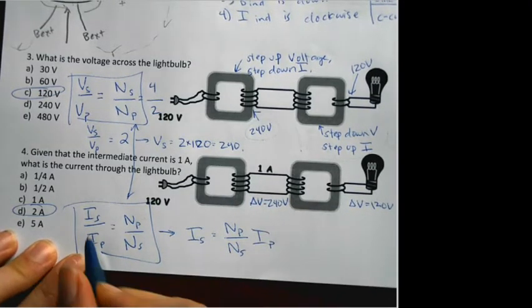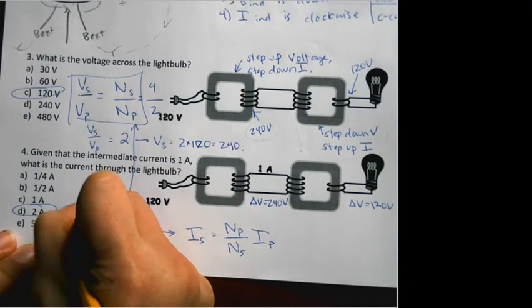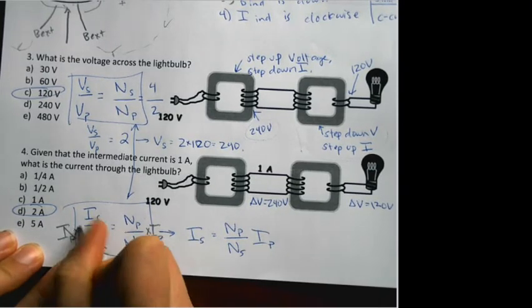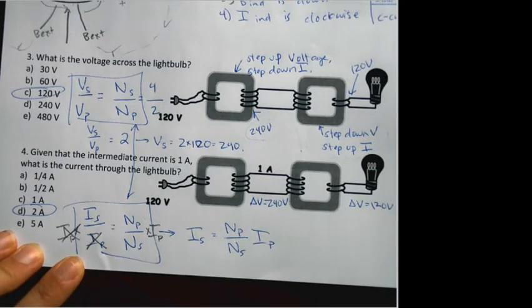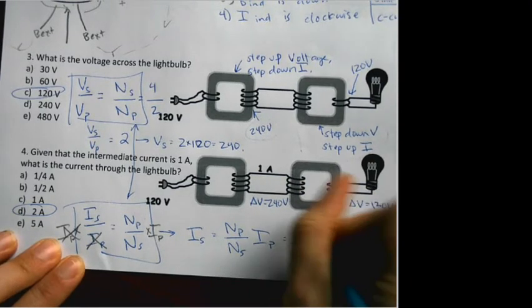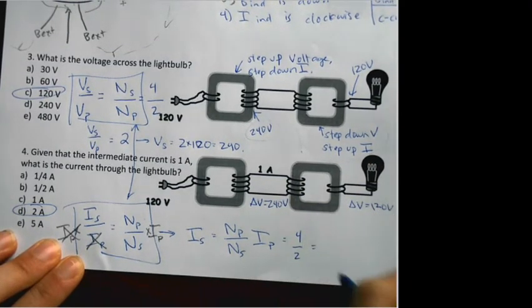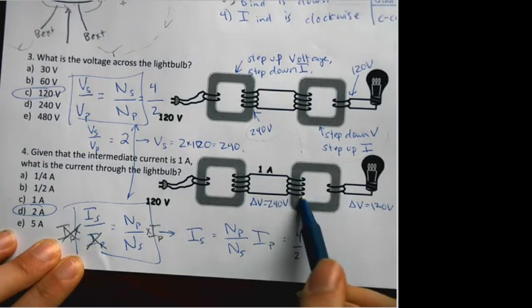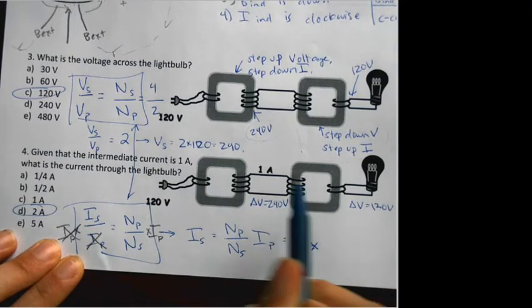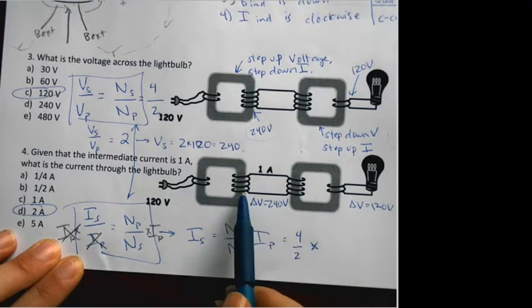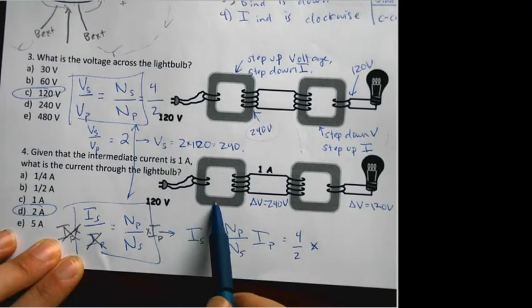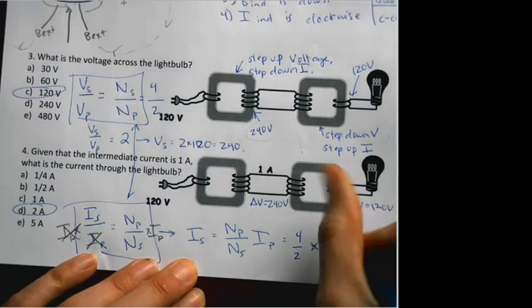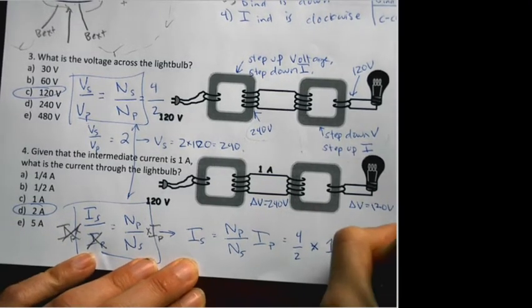I've just multiplied by Ip on both sides, so the Ips cancel. The number of loops on the primary is 4, the number of loops on the secondary is 2, and the current in the primary is 1 amp, because this right here is the primary. Don't let this confuse you: 1 amp of current is going through the secondary of this transformer over here, but it's also going through the primary of this transformer over here. So 4 over 2 times 1 is 2.